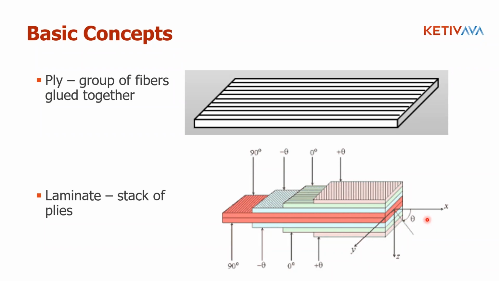So in a finite element analysis, what you do is basically define a material, and then you define a 0-degree orientation for your material. And then based on this 0-degree orientation, each ply could have a different theta angle, and that angle defines the orientation of your ply.